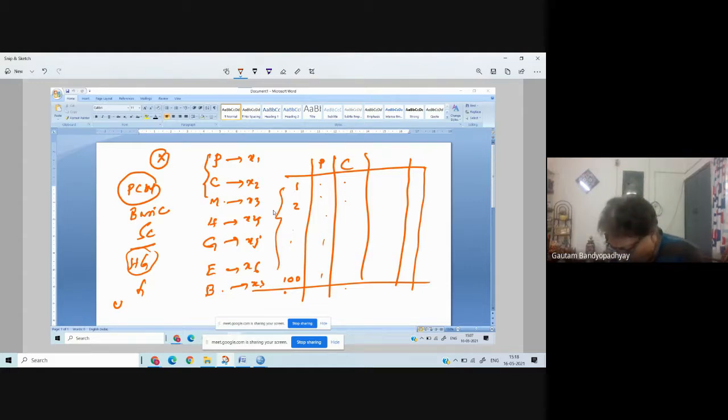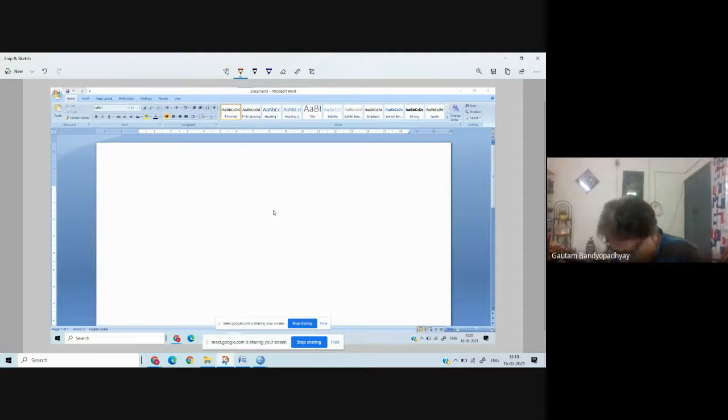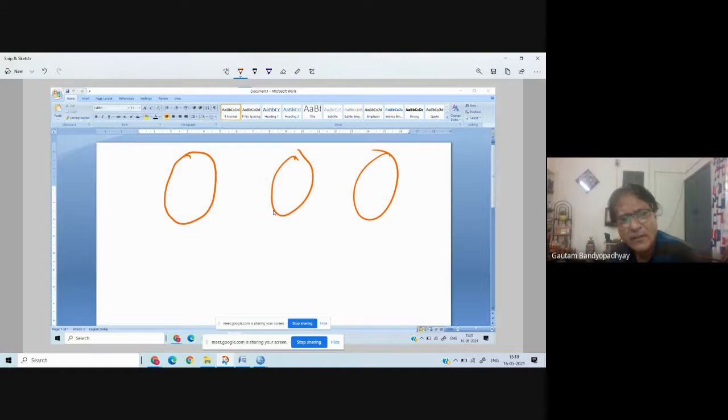Now, by some statistical technique, I will show the technique later on, we create 3 groups. The first group contains 3 subjects, that is PCM. The second group contains history, geography, and the third group contains Bengali, English.